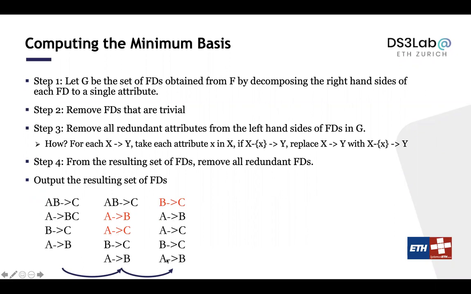And then I try to make the left-hand side smaller, but still keep the same semantics, right? So in this case, it turns out if I take AB to C, if I remove A, nothing will change, right? So I can replace that with a simpler one like B to C. And then I remove all the redundancies, and I get my basis. Right? So this is just a very simple illustration of the algorithm. Again, it's very hard for us to cover the full algorithm in the lecture.